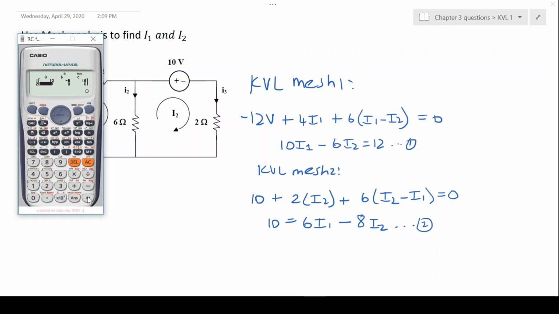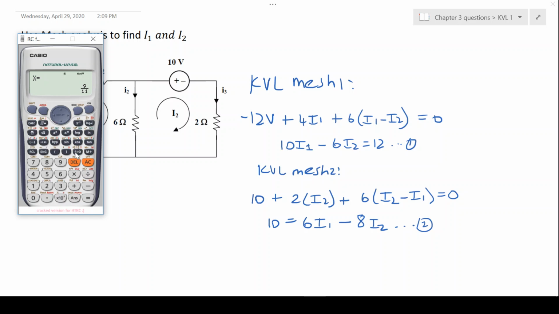And the second set of coefficients is 6, negative 8, and 10.